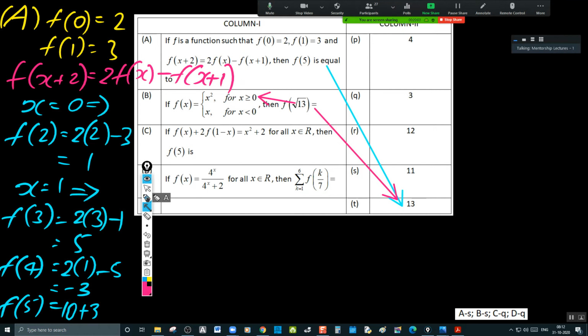Next, f(x) plus twice of. Can you try this? It is again a functional equation.